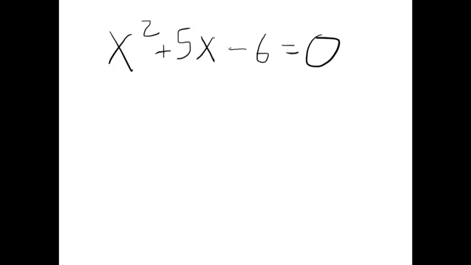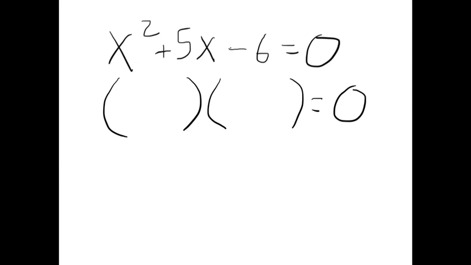And yet again, here is a quadratic that we're given. I think it can be factored, so I'm going to start off with 2 sets of parentheses, equals 0. But now, there's a negative over here.